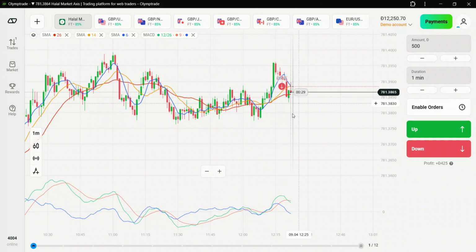I'll try not to cut the video too much so that you see all the trades that I took and see the success rate. So this is my third trade in a row now. You can see that this one too seems like it's going to end in profit within the next few seconds.